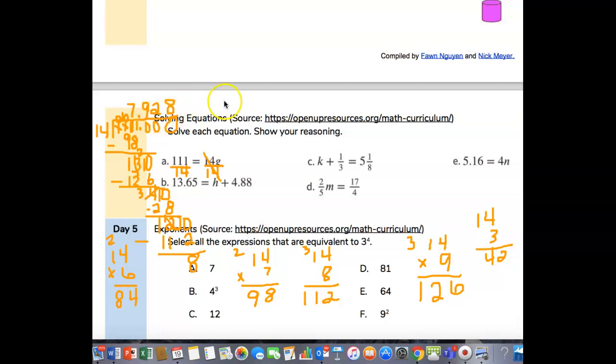So what you can do here, when you don't have an exact answer, you can put about, and then I would round this.